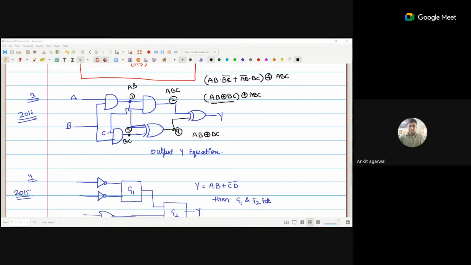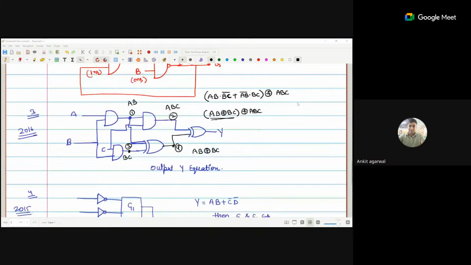Now this BC bar is nothing but B bar plus C bar. So if I put AB, B bar plus C bar plus, AB bar is A bar plus B bar, into BC.